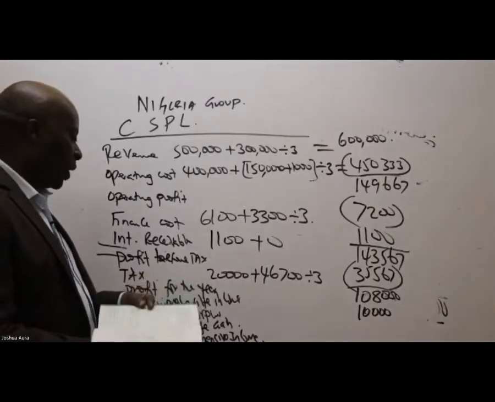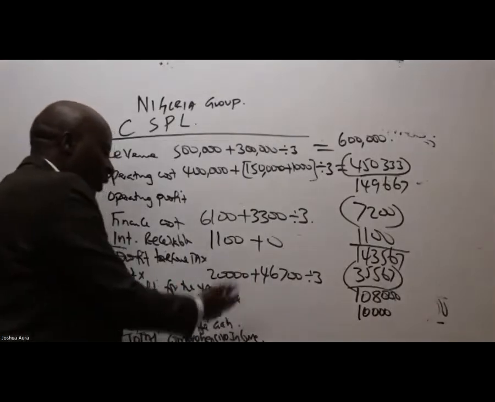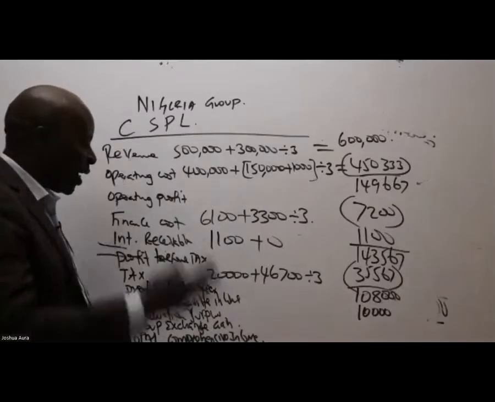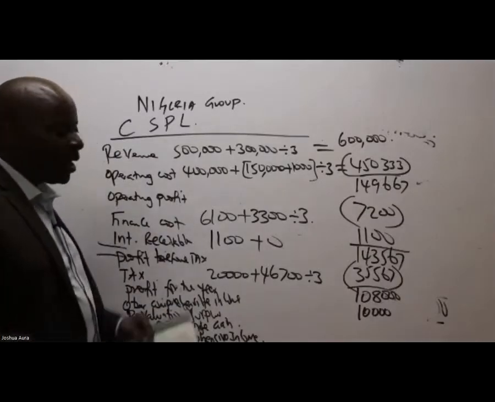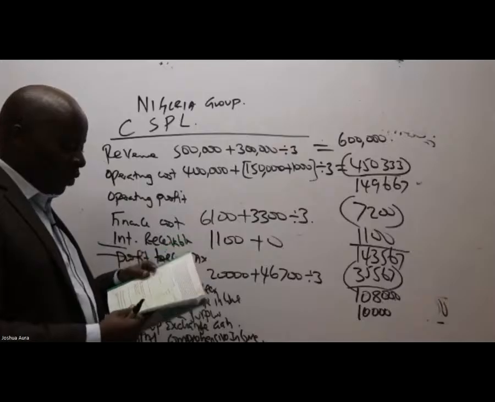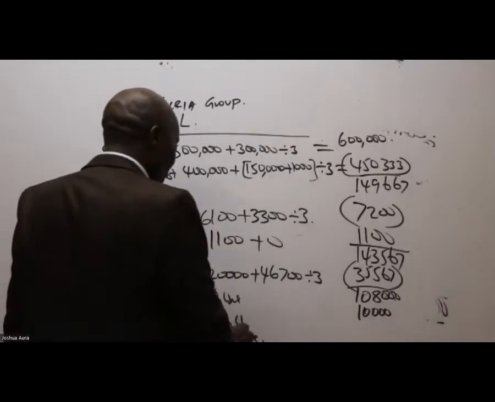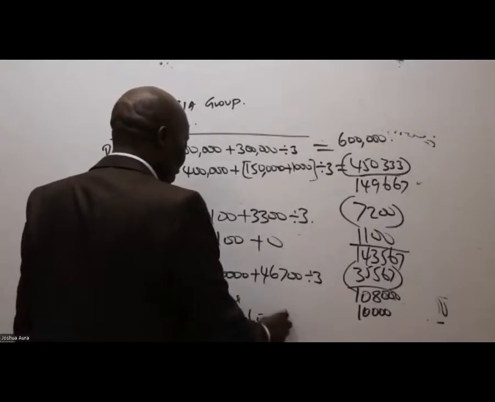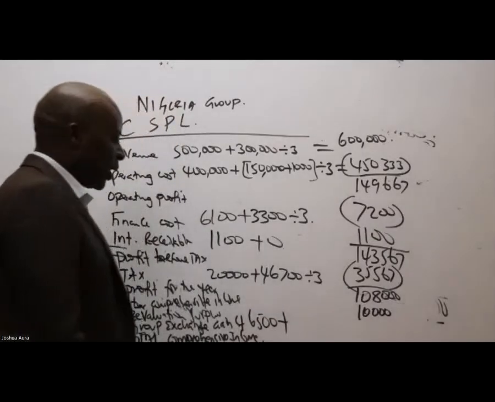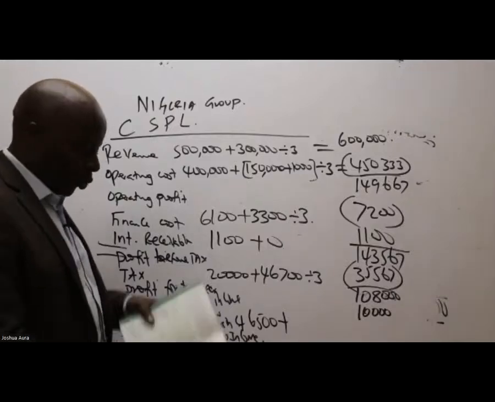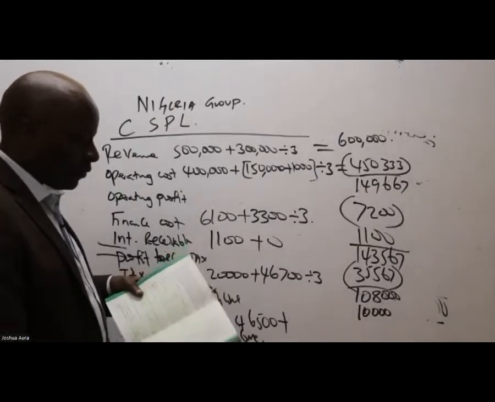The group exchange gain, don't share. You take the whole figures before sharing. Before sharing, are you able to give us those group exchange gains? I remember one of them was 4,600 for the net assets. And for the goodwill, the group exchange gain, don't share. 77.5, was it goodwill?